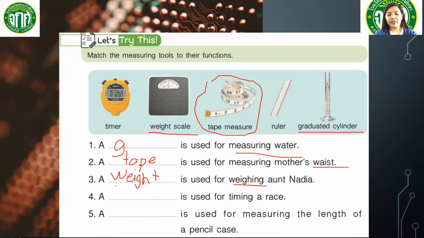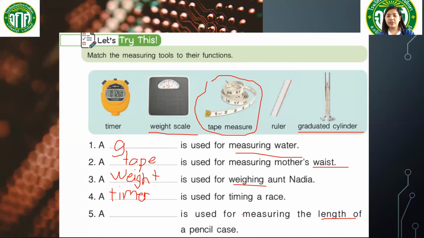Number 4. A blank is used for timing a race. What are we going to use for timing a race? It's a timer. Very good. We are going to use a timer. And in number 5, a blank is used for measuring the length of a pencil case.